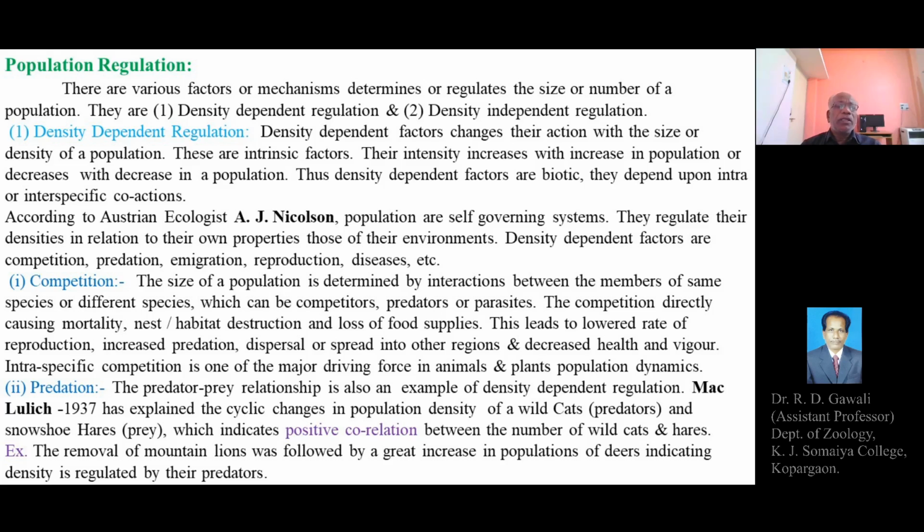Intraspecific competition is one of the major driving forces in animal and plant population dynamics.